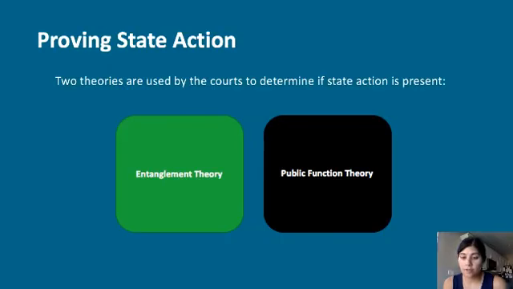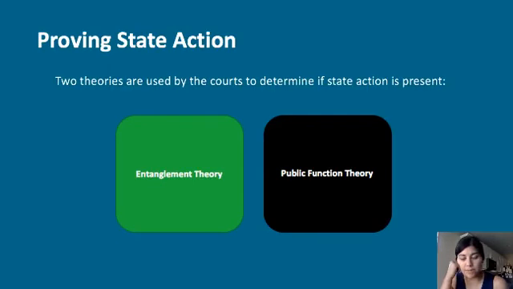So you could certainly argue that they are heavily entangled with the government, right, with state actors, and thus could potentially face a constitutional lawsuit. Again, the IHSA on its face is a private entity, but their entanglement with so many public or state actors could deem them to be a state actor under the entanglement theory.